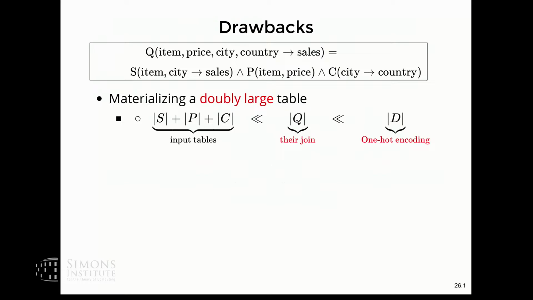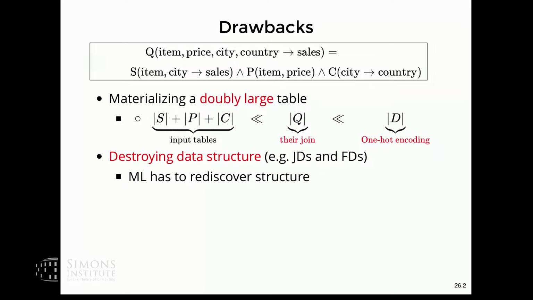There are actually several issues. One of them is that we have a twofold size blow-up in our training data. We start from these input tables, S, P, and C. We compute their join, which is potentially asymptotically larger, and we have to one-hot encode it, which is potentially much larger than Q itself. So we have a twofold size blow-up.